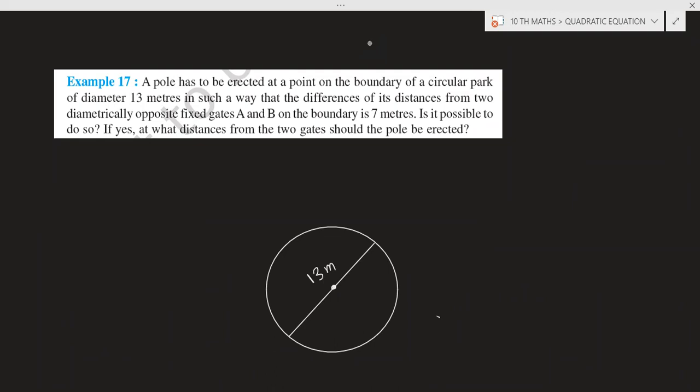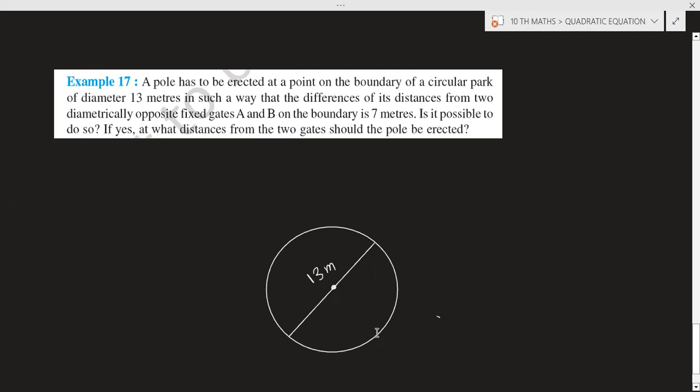Now they are saying a pole has to be erected at a point on the boundary of the circular park. Means a pole you have to erect here. There is a pole, no? Light pole on which there are lights and all that. For the lighting purpose, we use poles, no?